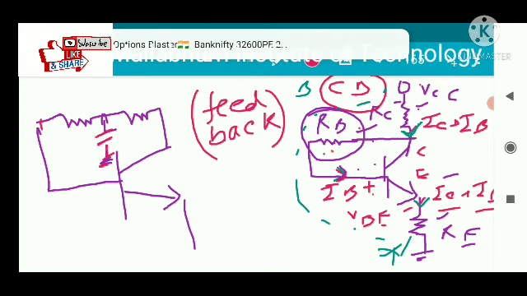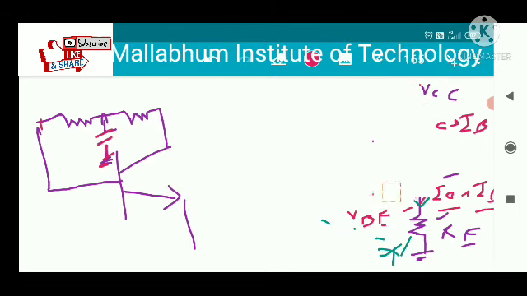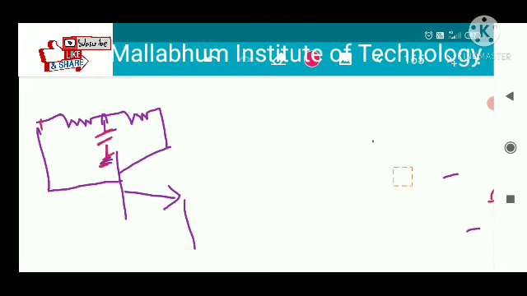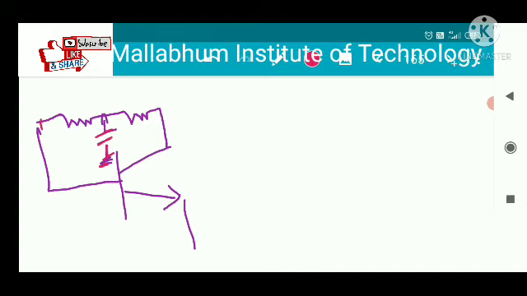Now what happens whenever we apply an AC signal? The equivalent circuit will look like this. Whenever we apply an AC signal, this capacitor will be short circuited in the case of AC. So the circuit will look like this.